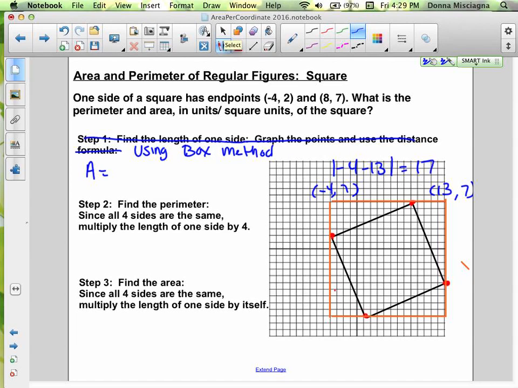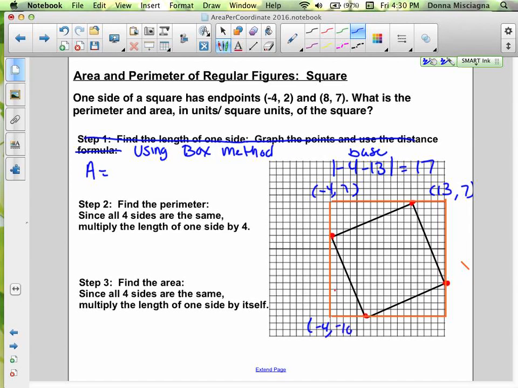Let's find the other side. I don't have to find all 4 sides for the box method, for the rectangle. I only need 2. So our base is 17, and our height. What do you think our height will be? All right. So -4, 7, and -4, 1, 2, 3, 4, 5, 6, 7, 8, 9, 10.